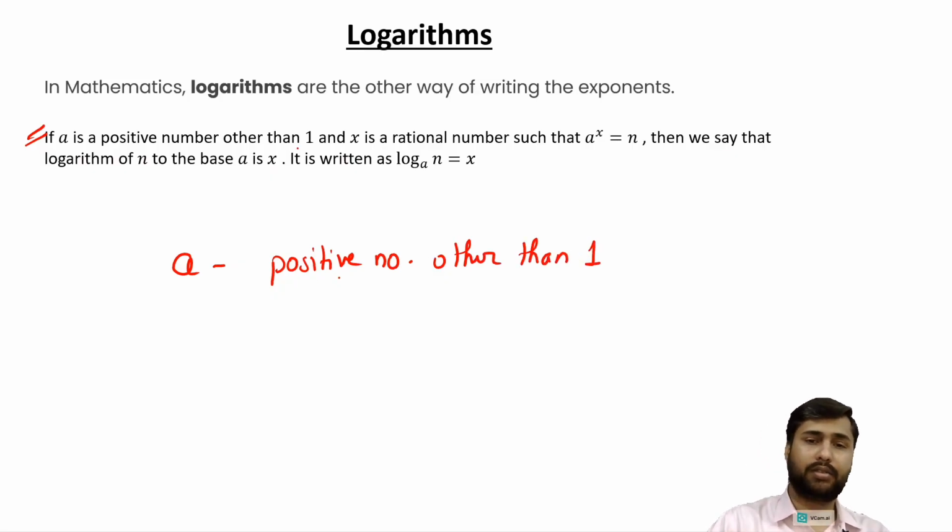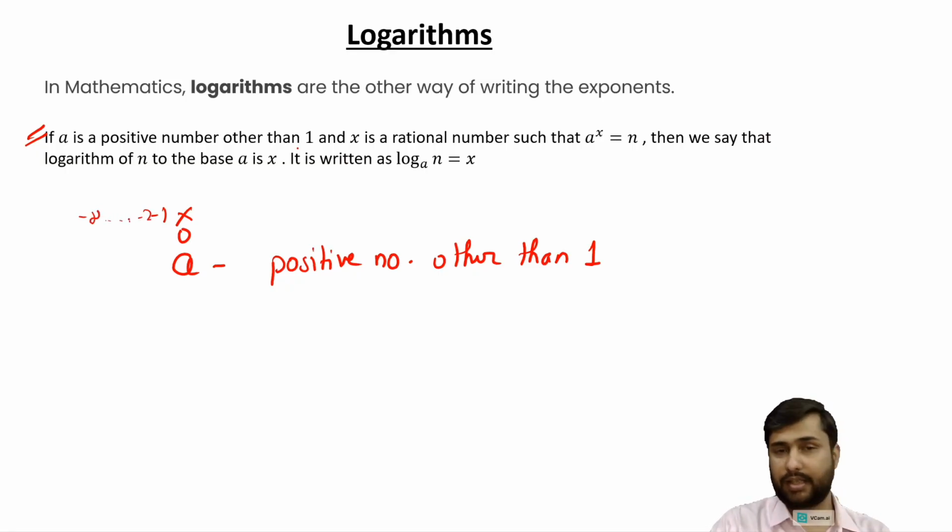So a is not 0, because 0 is neither positive nor negative, and a is not -1, -2, and so on till infinity. It is nothing from that set. And it is also not 1. So it starts from 2; it can be anything greater than 1.